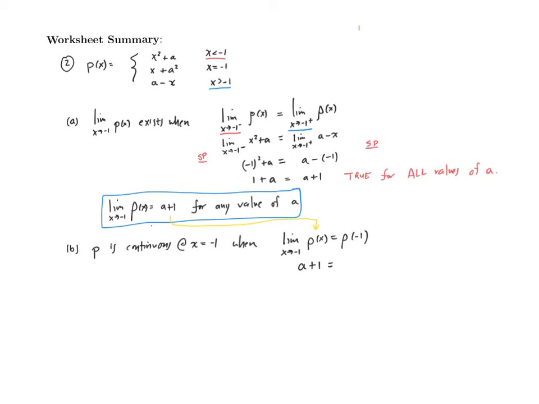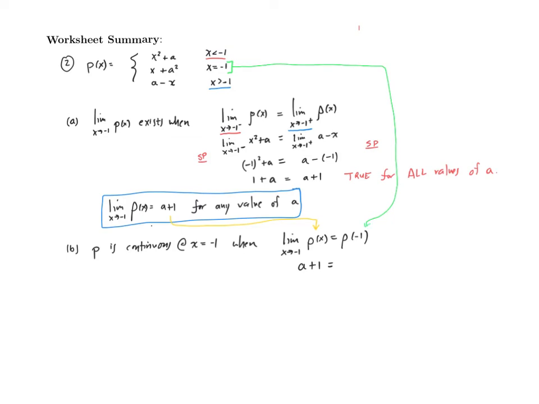And in terms of the function value at minus 1, that's where we need to use that middle part of this piecewise defined function. When x is equal to minus 1, the function is defined to be x squared plus a squared. So this is where we need to use that part of the function.